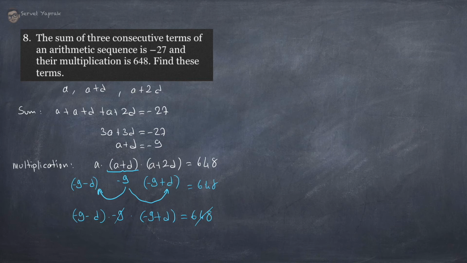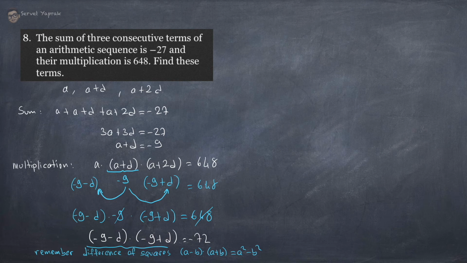We can simplify negative 9 and 648, and we will have negative 9 minus d times negative 9 plus d equals negative 72. Now, look at this multiplication. This is negative 9 minus d, negative 9 plus d. Remember that this is actually a difference of squares. So a minus b times a plus b equals a squared minus b squared.